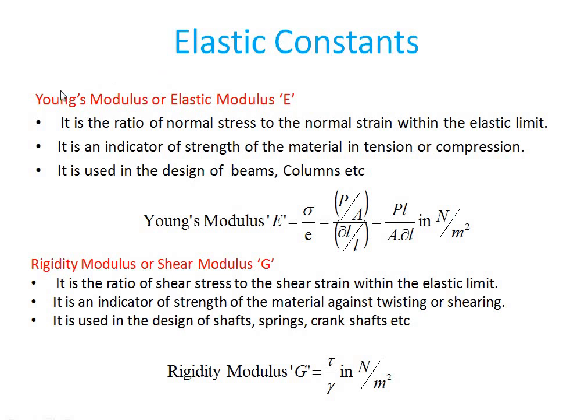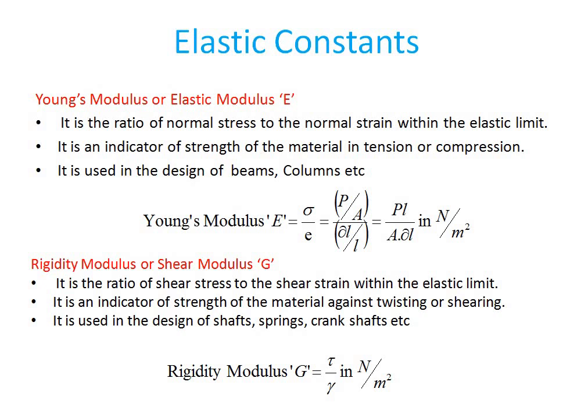Now come to elastic constants. Normally we have three elastic constants. We have one constant from before, which we call Poisson's ratio. It connects lateral strain and linear strain. Now we want to connect stress and strain, so we have three constants.